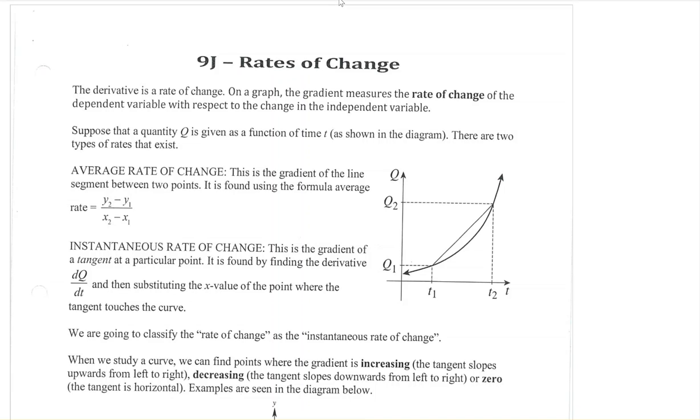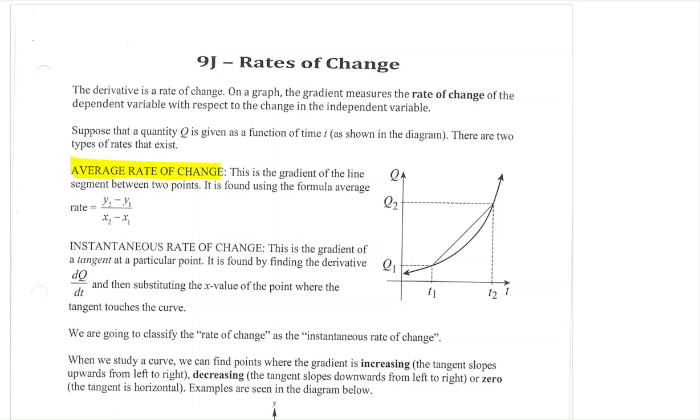Suppose that a quantity q is given as a function of time t, as shown in that little diagram that's there. There are two types of rates of change that exist. So the first type is the average rate of change. This is the gradient of the line segment between 2 points.